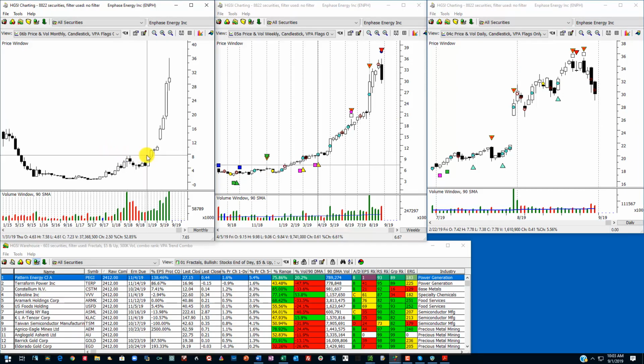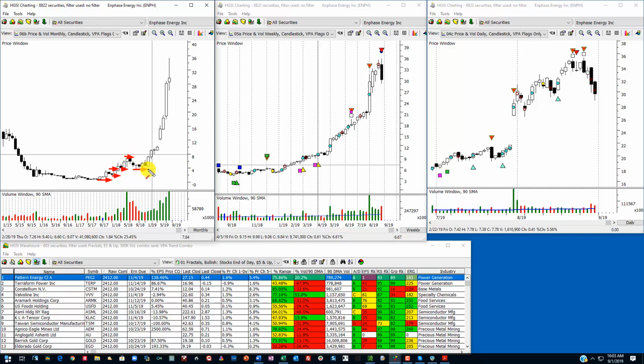Here we are on 228 is this monthly chart right here, and you can see that there is a series here. Here's a low in here, here's a higher low, this would be a higher high, higher low, higher high, and then it pulls back on the monthly.